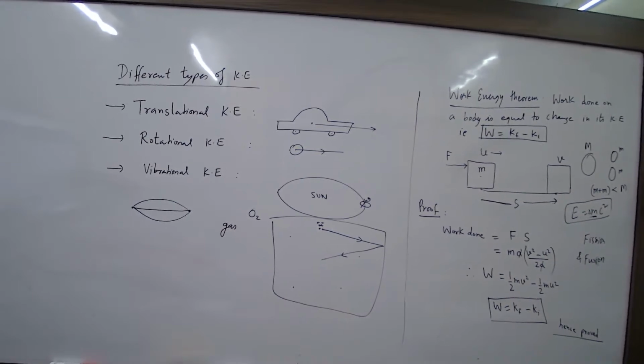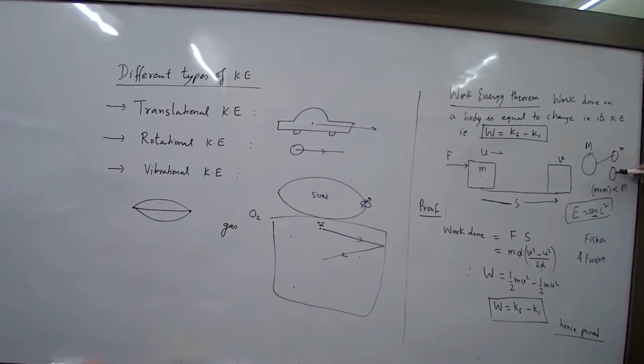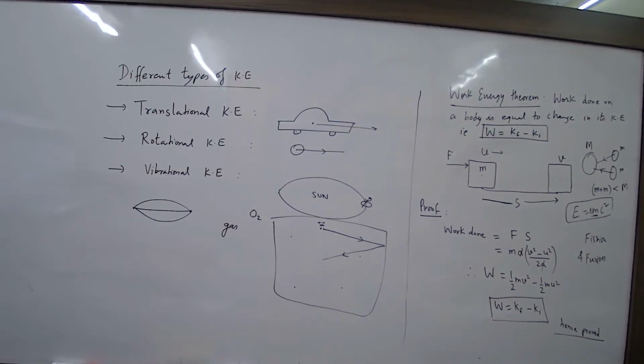What do we do in fusion? Two lighter nuclei are fused into a bigger nucleus. Now the mass of the new nucleus is less than the combined mass of the fusing nuclei. So again there is a mass difference. Always the final nucleus mass is less than the original nuclei. That mass difference appears as energy.